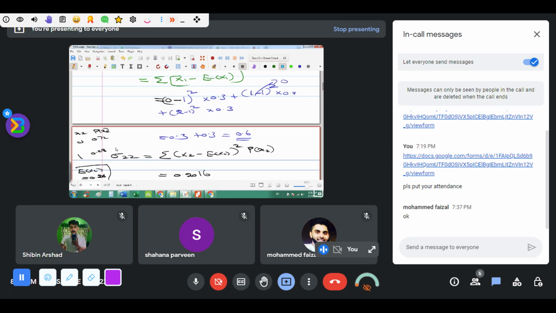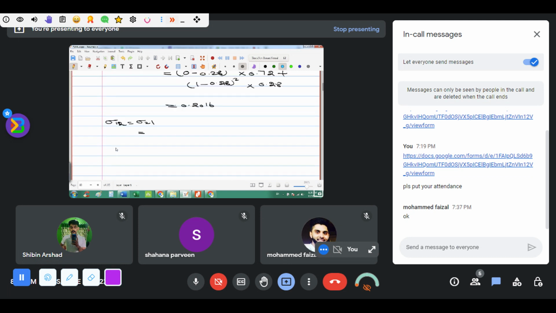Now I move to the formula. So what is the formula here? It is (x1 minus E of x1) into (x2 minus E of x2) into probability. What do you mean by this?